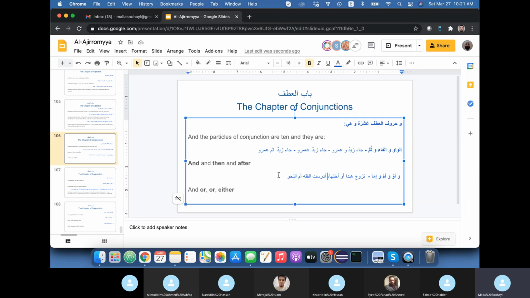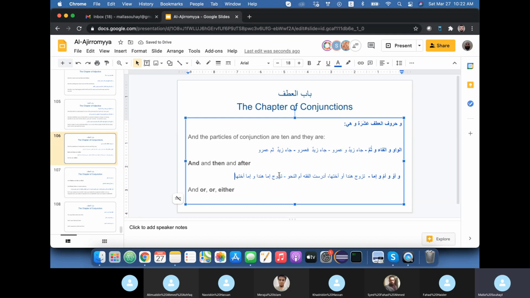And then "imma" is "either." For example, the example that the author gives, you can actually use the same example that we gave earlier. تزوج إما هندا وإما أختها.